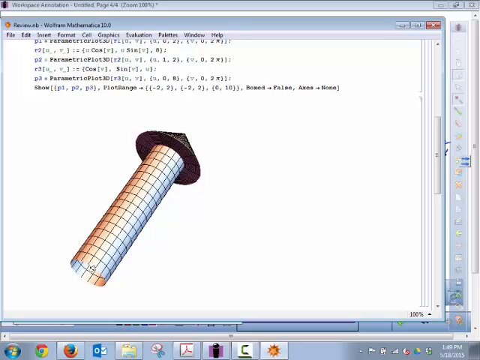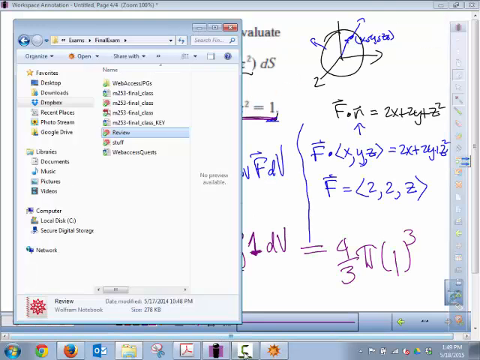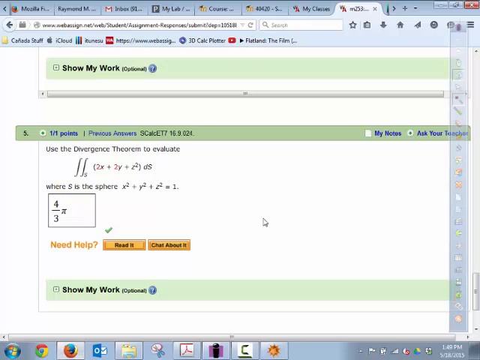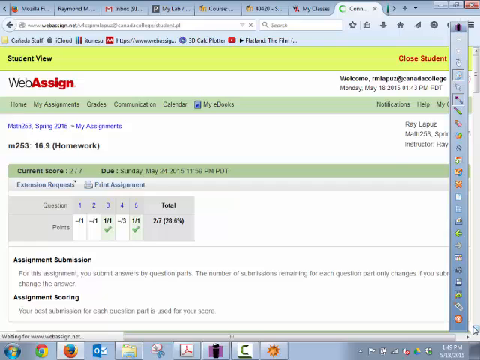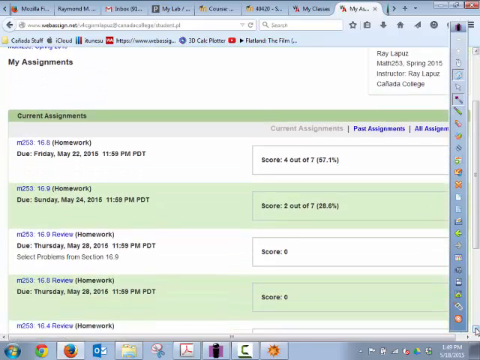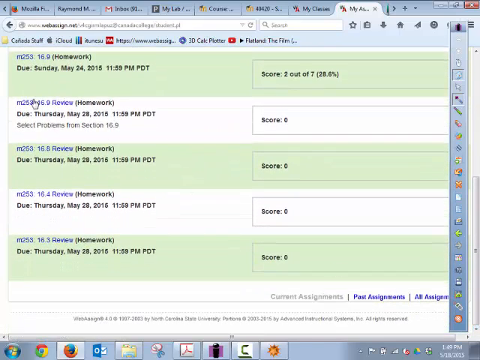So, in terms of getting ready for the test, I've mentioned that these 4 review sections would be a good way to start preparing for the test.